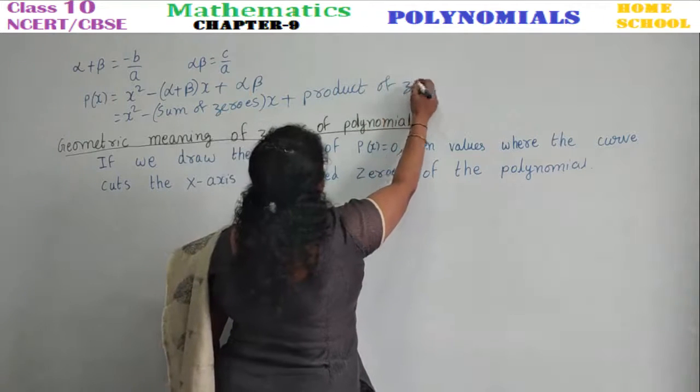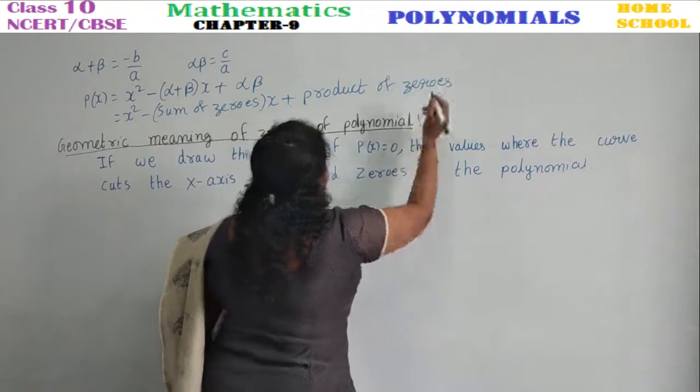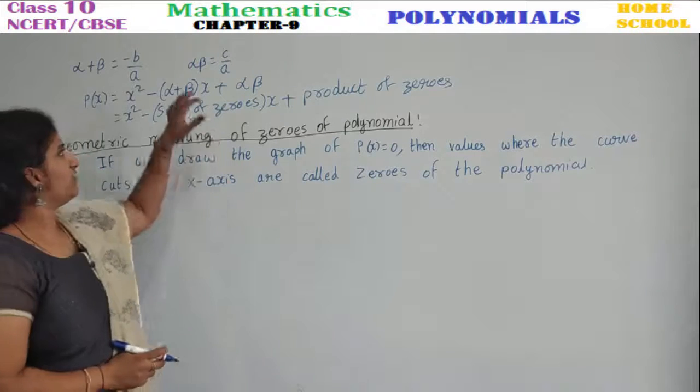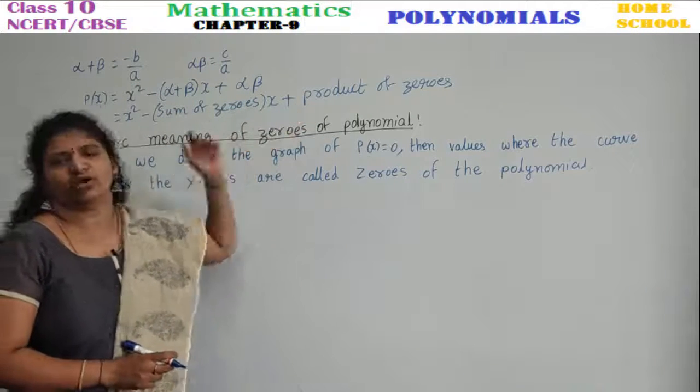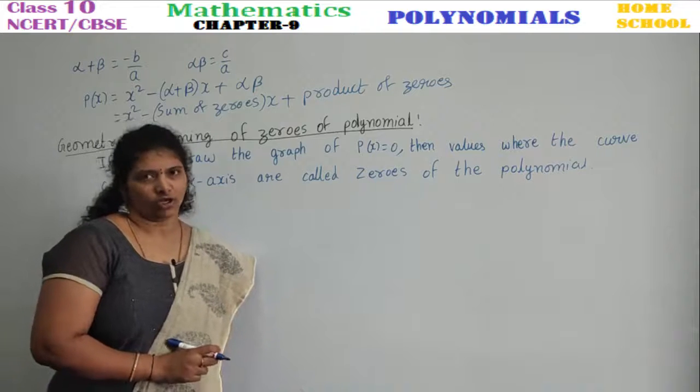If you substitute these values in the given format, you are going to get the quadratic polynomial.